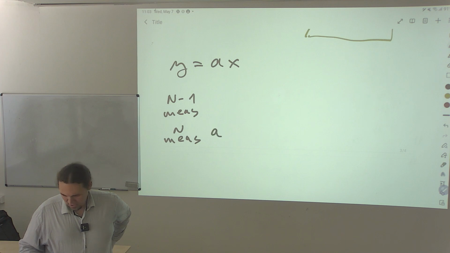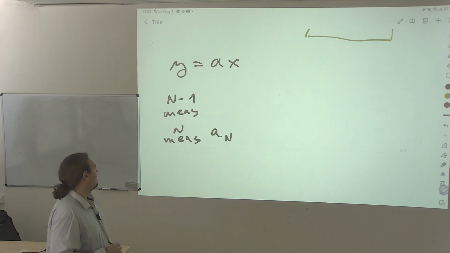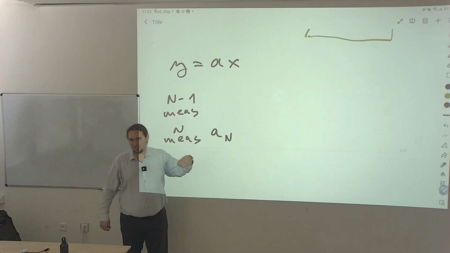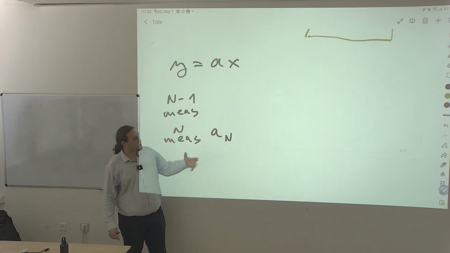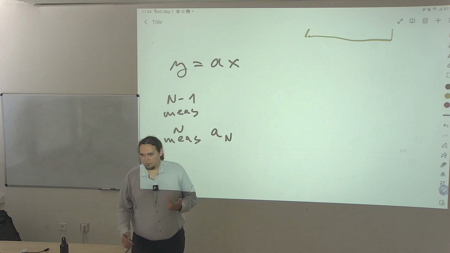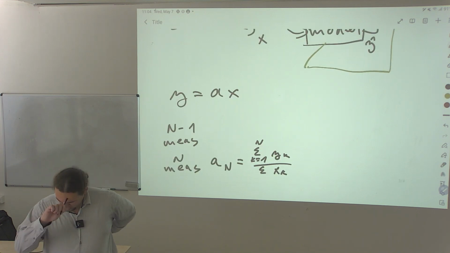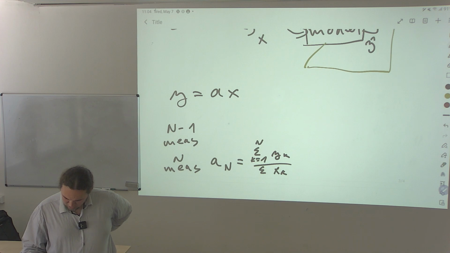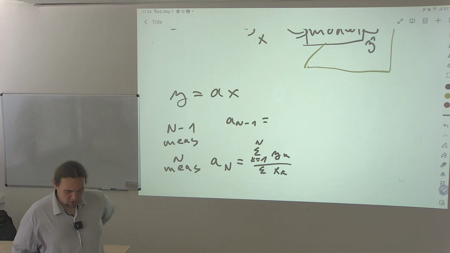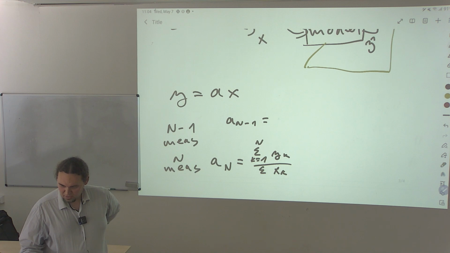Yeah, so a, and let's now call it an, again we will give it some time index, because we might change the parameters over time. So if we have collected n measurements, k equal to 1 to n, how was it? Sum of y's divided by sum of x's. And for n-1, it will be almost the same situation.